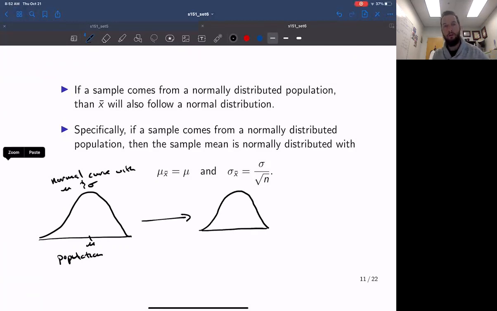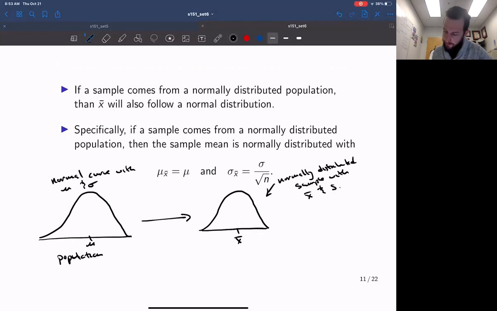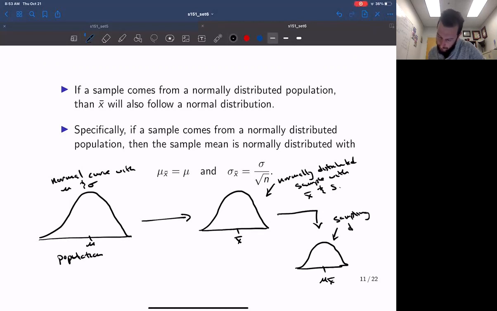Because the population was normal, this is going to be a normally distributed sample with X bar and S. And then because the sample is normal, the distribution of X bar, okay, so the sampling distribution of X bar, is normal with mu X bar and sigma X bar.